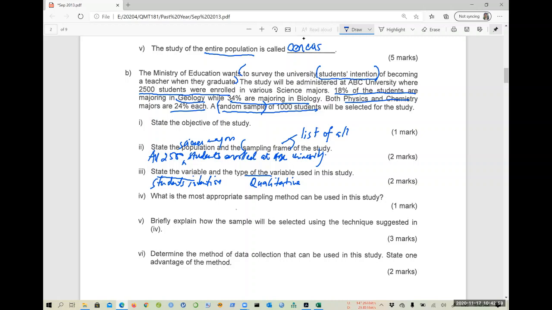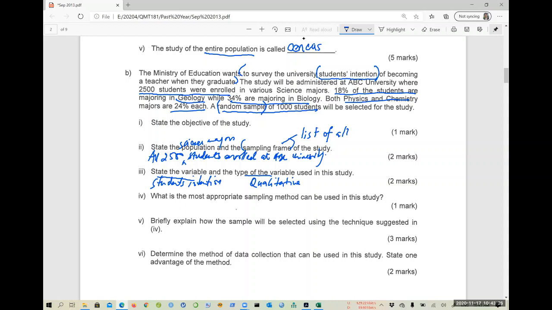But in this situation, that is not occurring. So that means you only have two options, whether it is stratified or cluster. So the most appropriate method here will be stratified. The reason is that you want each of the subgroups, or each of the groups, to have its representative in the sample.